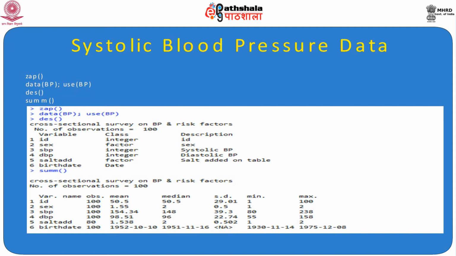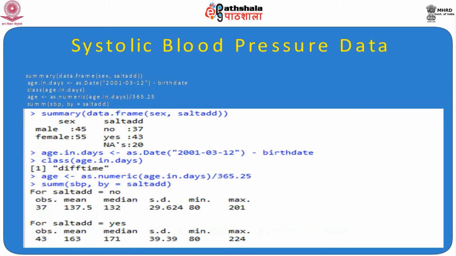This summary of the data frame of sex and salt added shows that out of this data set of 100 individuals, 45 were male and 55 were female, and only 37 had salt added in their food; not salt added was for 37 individuals and yes was for 43, and 20 observations were given as not available information.